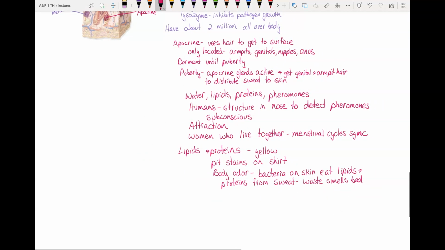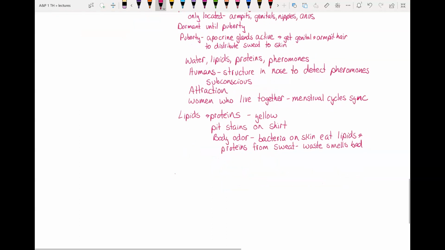One more implication here. Apocrine sweat has lipids and proteins, which are food. Well, it's not just bacteria that eat lipids and proteins. We need lipids and proteins also. Milk is a modified apocrine sweat.